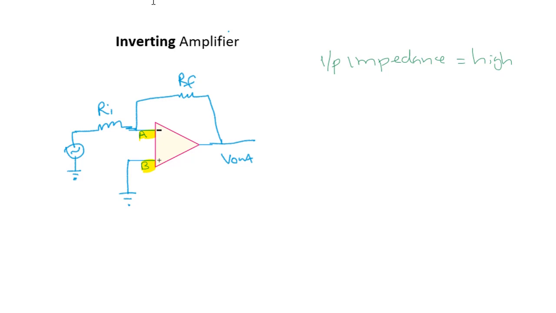Since the input impedance is high, there will be zero current to the inverting terminal. And if current is zero, that means there is no voltage drop between the inverting terminal and non-inverting terminal.